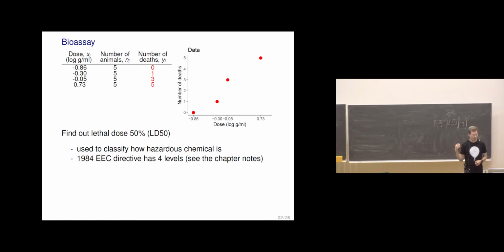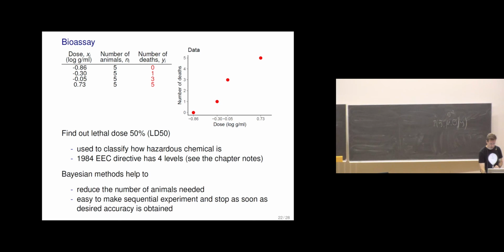So we want to find out this lethal dose 50%, and this data is that old, it was the 1984 EEC directive, which has 4 levels, and you can read more in the chapter notes. So we can reduce the number of animals needed, it's easy to make sequential experiments, and if we would use something else than animals, Bayesian methods could also be used to make hierarchical models, kind of calibrating these other models based on animal experiments.